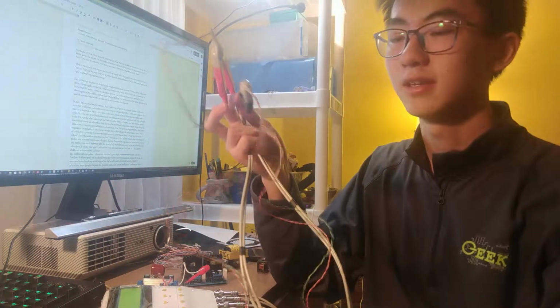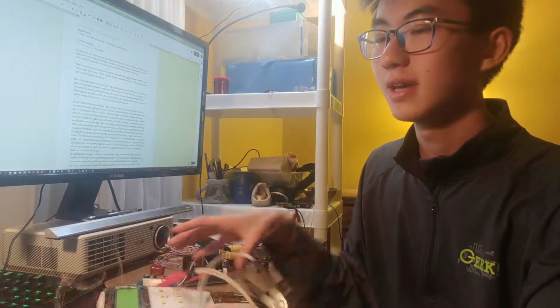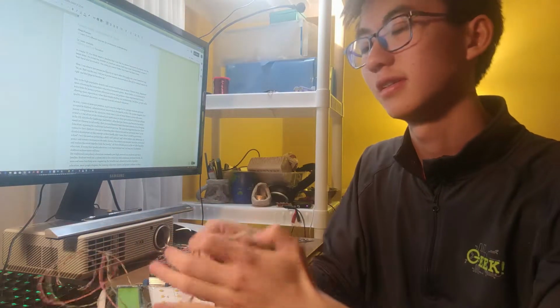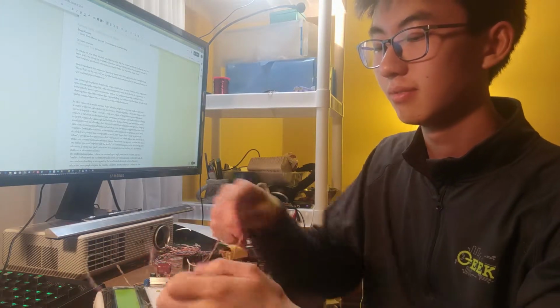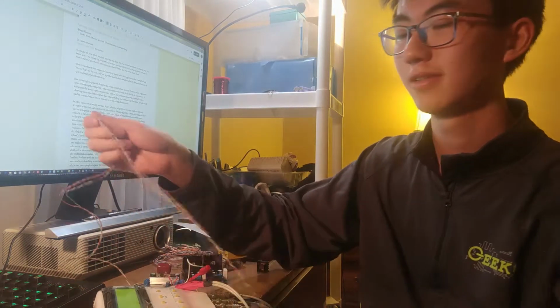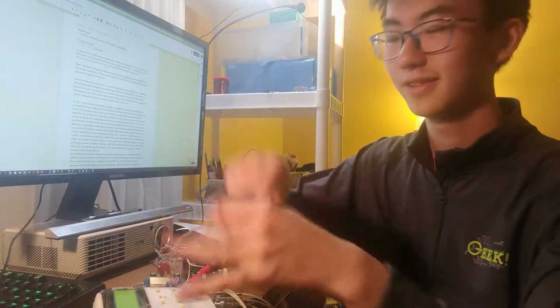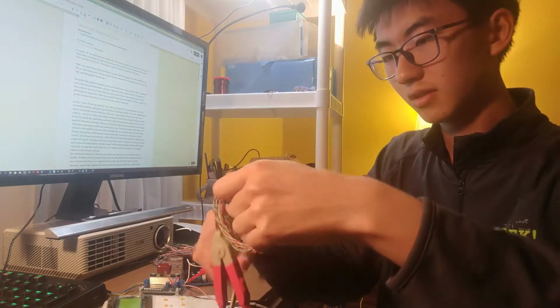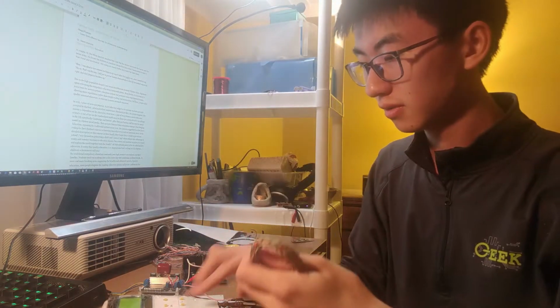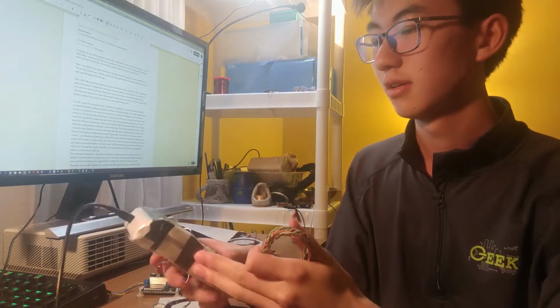However, if I wind the wire together to form a coil out of this piece of loose wire, that's going to be hard. Okay, here.